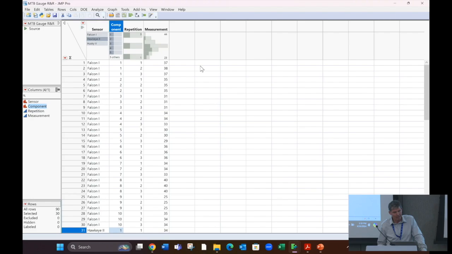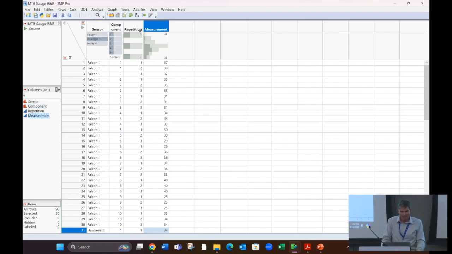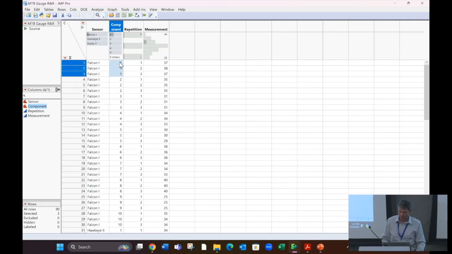So here's what we have: 3 sensors, and 10 components that each one is measuring. Falcon 1 measures component 1 three times. We had a question earlier: how many replicates do you do? What's the rule for that? As all great statisticians say, it depends, right?